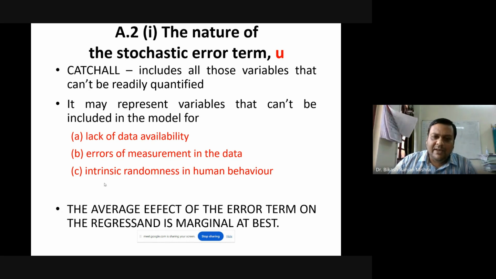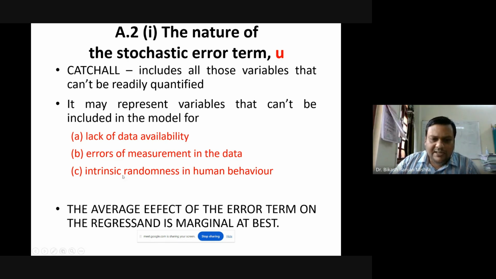There may be certain types of measurement error, like something in rupees while other variables are measured in kilograms or liters. When the measurement units differ from each other, they may give rise to certain types of error, and that is covered under the error term category, which is not modeled by us, but is the outcome of our model.